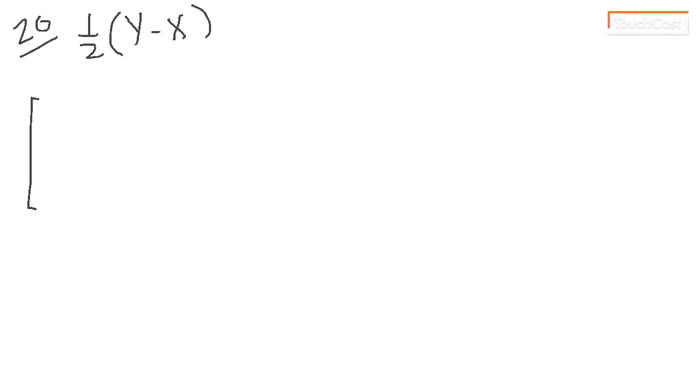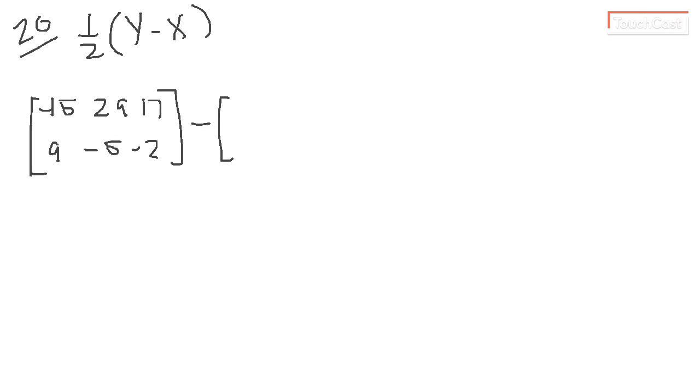That matrix, we're going to have -15, 29, 17, 9, -5, -2, and then we're going to subtract from it 24, -8, -3, -4, 6, -17.